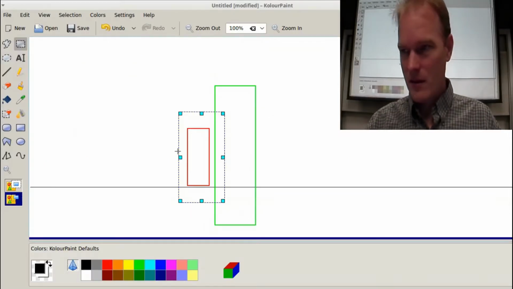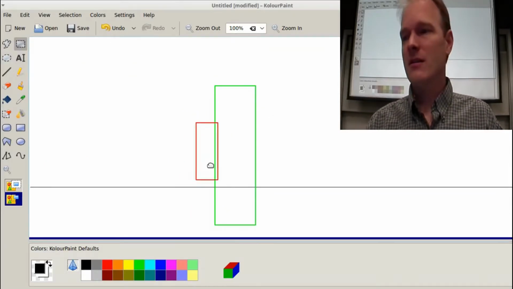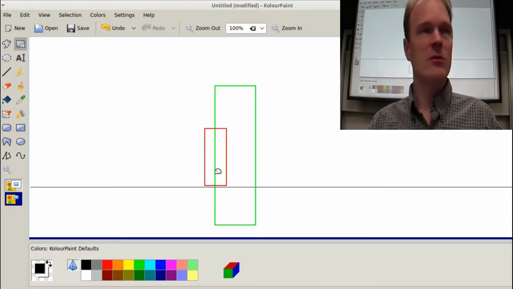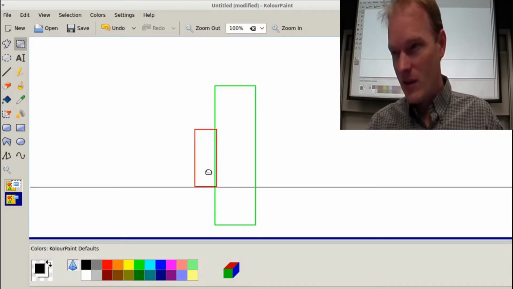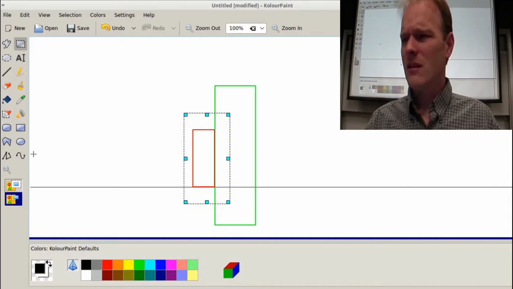Let's look at this. So this is x plus width is less than the tube's x. This is x plus width is greater than the tube's width. And this is x plus width is equal to the tube's width. Is that a collision? Actually, I think that's not a collision.